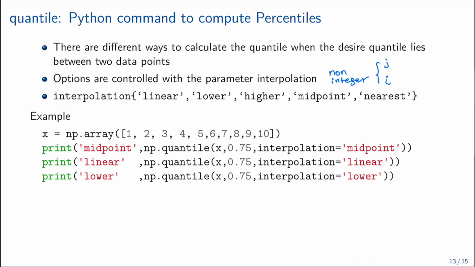And I have said so far that you take the midpoint, which is the average. But you can actually take the lower position, so take just the i, take the higher position, or take the nearest position, or a linear combination in between the two.